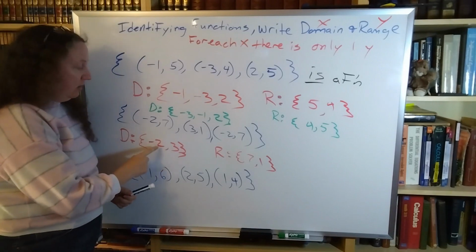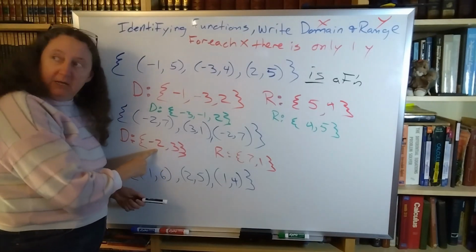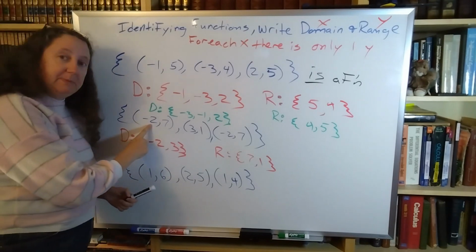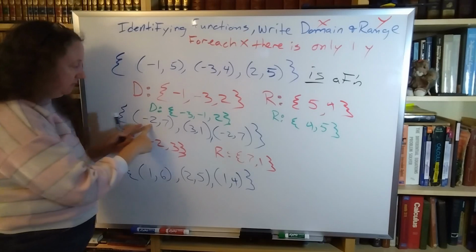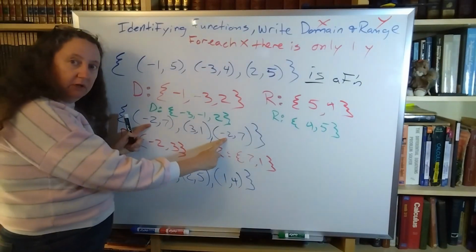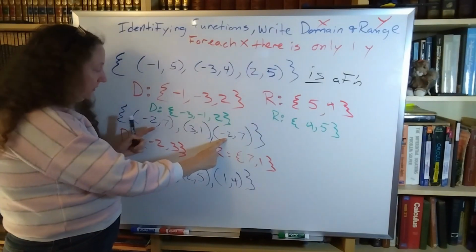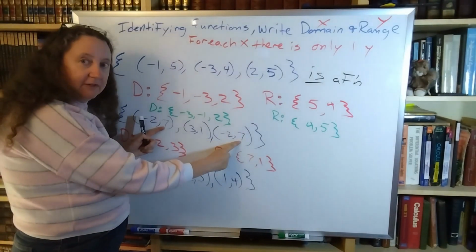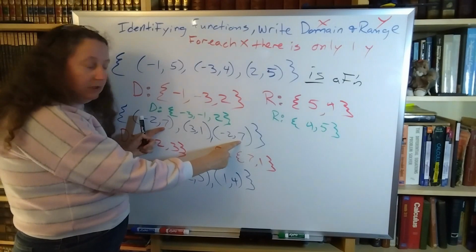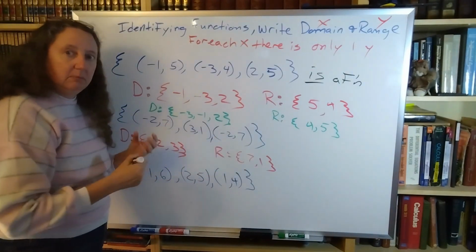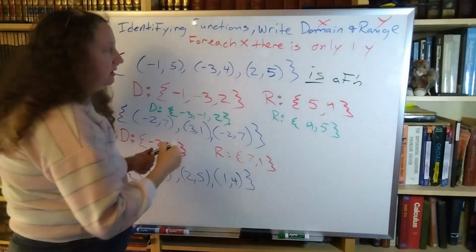Because my domain has a repeat number in it, I have to double check this. My repeat number, the -2, there's the repeat of it. I have to look at the y value for this. I have a 7, I have a 7 for both of them. So that means this is okay, because that's the same position on a graph.